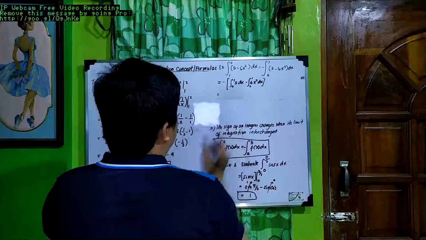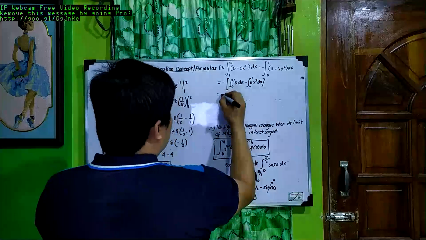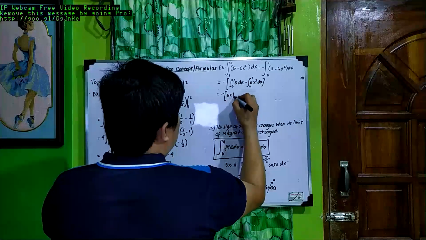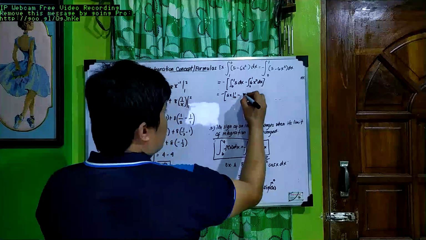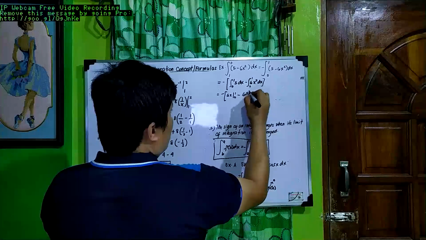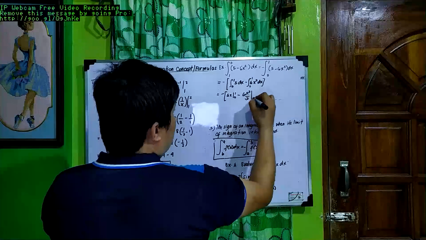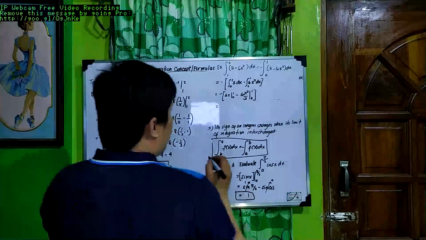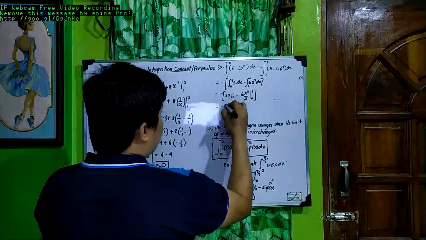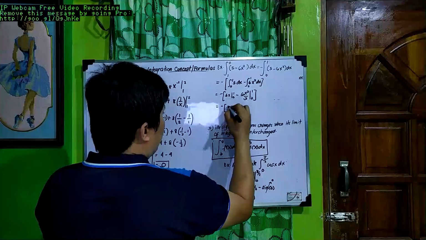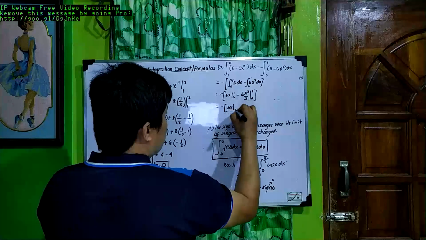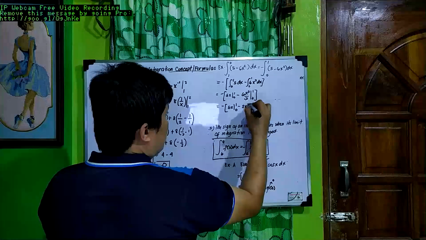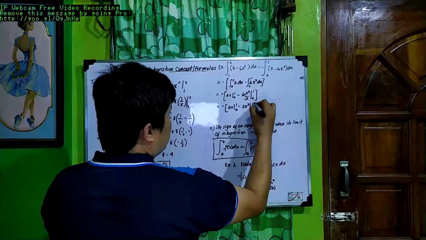So integrate it individually. Negative 5x, limits from 0 to 1, minus 6x cubed over 3, limits from 0 to 1. And we can continue here. Negative 5x, limits from 0 to 1, minus, that is 2, right, 2x cubed, limits from 0 to 1.